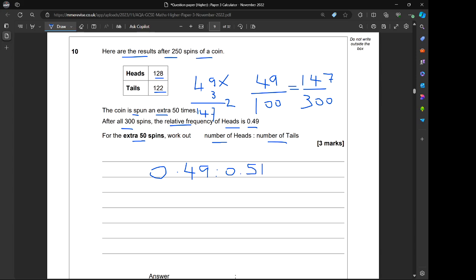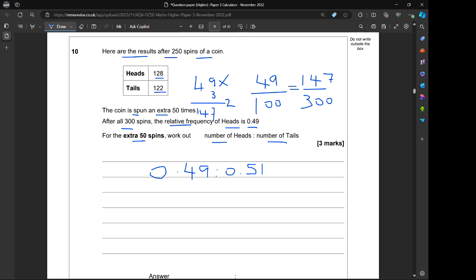So the question says for the 50 extra spins, work out the number of heads to the number of tails.